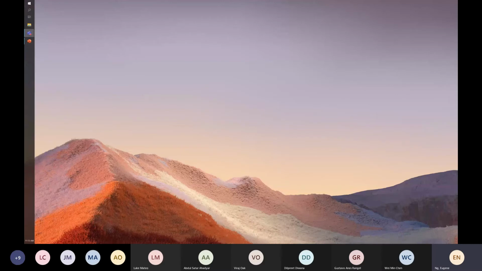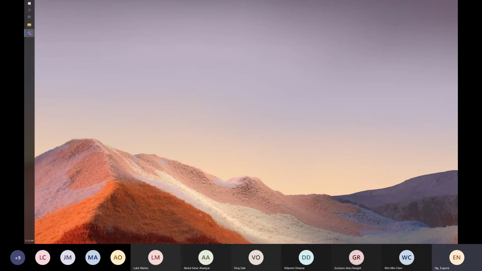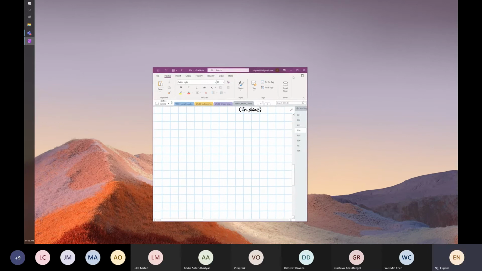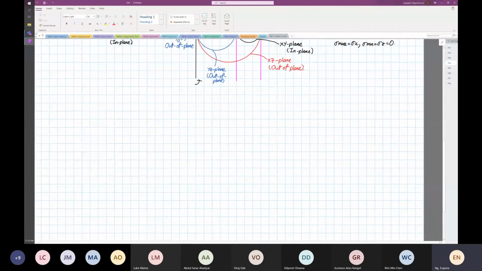Hey, sorry, it should be coming back. No, it's no more coming back. Yeah, it quitted on me. I have to go into it to get it to come back. So now we're going to do condition number 2.